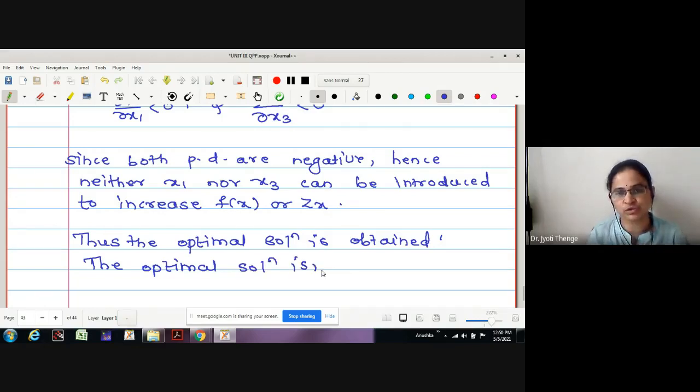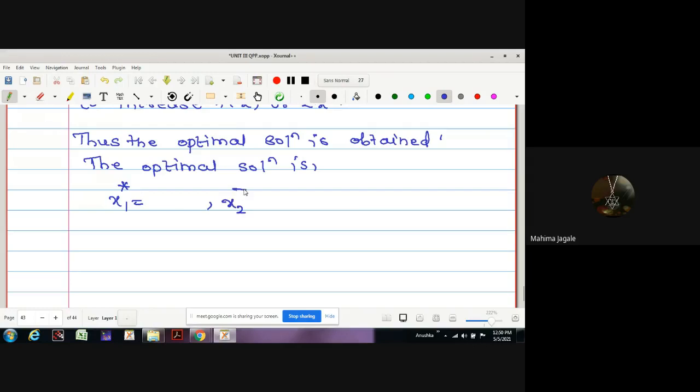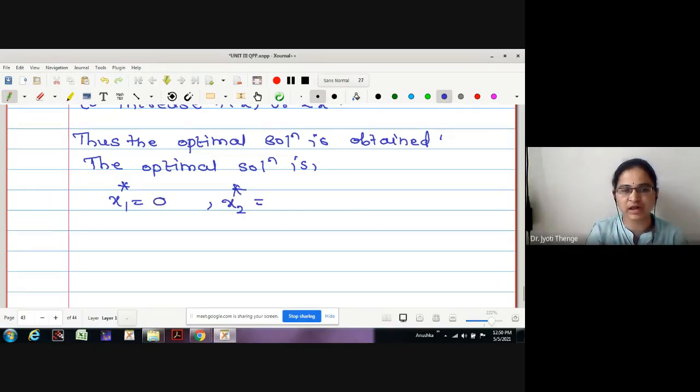What is the optimal solution? X1 is still non-basic, therefore what is its value? 0. What for x2 we have calculated in the previous step? 4. Correct, na? And what for zx? Zx, we have to substitute the values of x1 and x2.